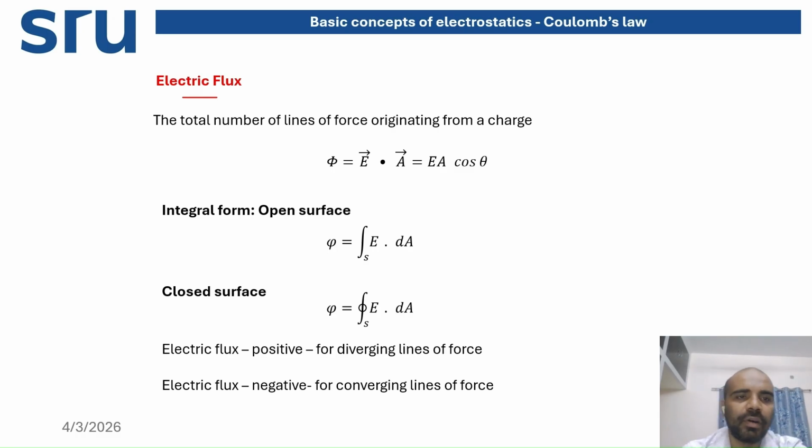So now we'll discuss what is electrical flux or electric flux. The total number of lines of force originating from a charge is equal to E dot A, where A is the area and E is the electric field, right? So this is a dot product E dot A, which is EA cos theta.